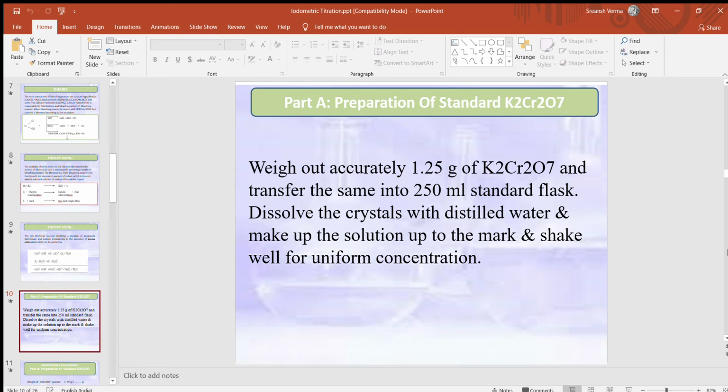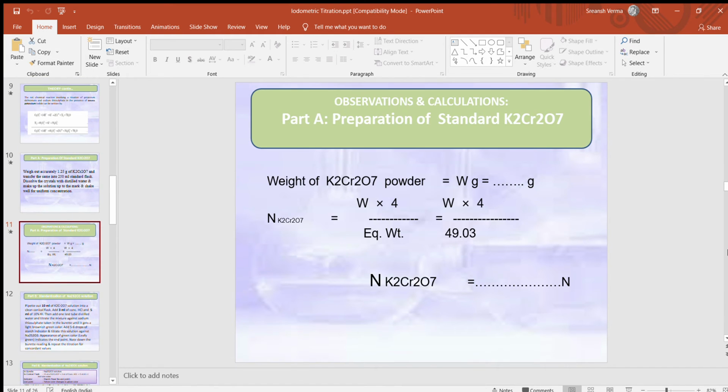Shake the solution so that you get a uniform concentration. Afterwards, you need to calculate the normality of potassium dichromate. Put the weight, that is 1.25, multiplied by 4, divided by the equivalent weight, that is 49.03. Do the calculation and you will get the normality of potassium dichromate.